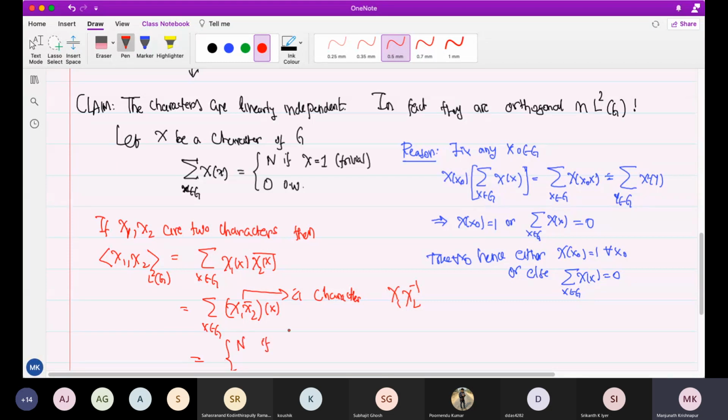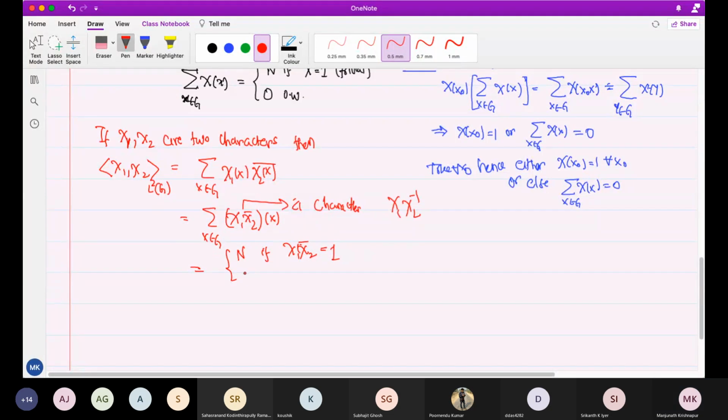So this sum is n if chi1 chi2 bar is trivial and 0 otherwise. But this is the same as chi1 of x times chi2 bar of x is 1, that is, chi1 of x equals chi2 of x for all x in G. That is chi1 equals chi2. So what we see is that the inner product is n if chi1 equals chi2 and 0 otherwise.